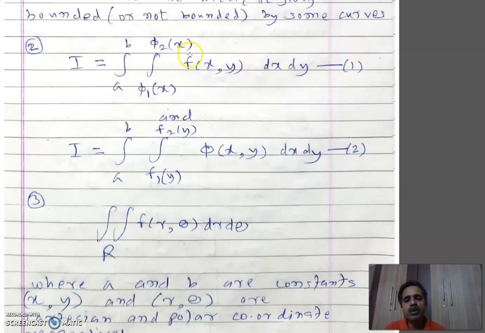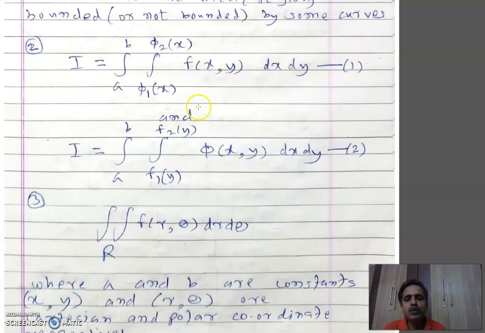We have two integral symbols here, and you can see that phi 1(x) and phi 2(x) represent limits, and both limits are functions of x alone. The outer limits are a and b, which are supposed to be constants. You can interchange the roles of x and y here.